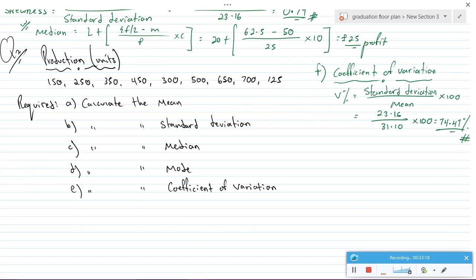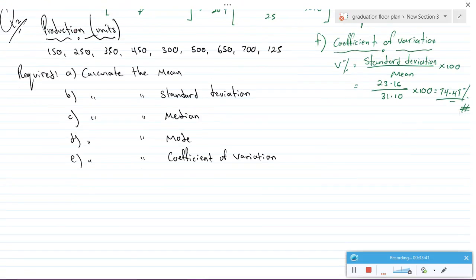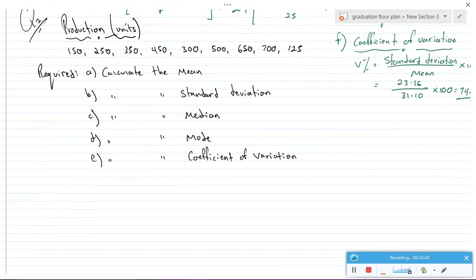So 150 minus 387 power of 2. 250 minus 387 power of 2. 450 minus 387 power of 2. 300 minus 387 power of 2. 500 minus 387 power of 2.